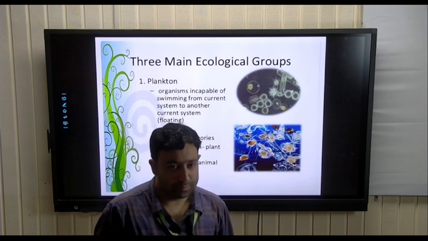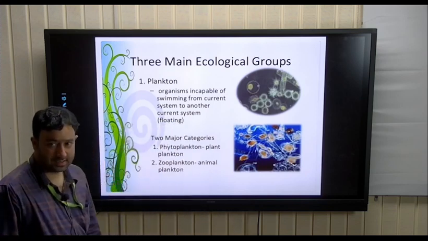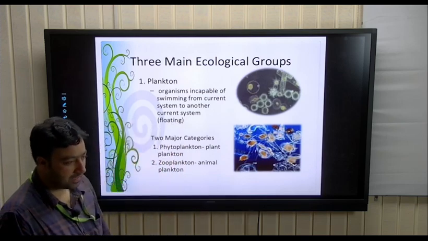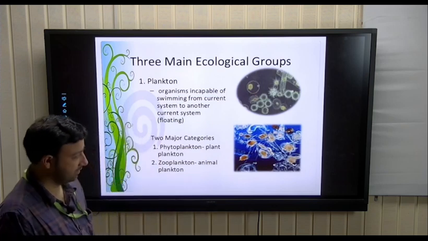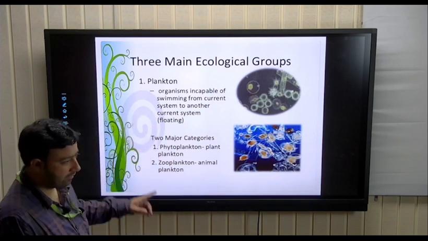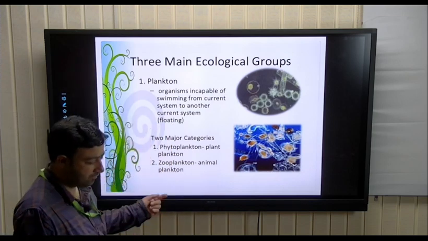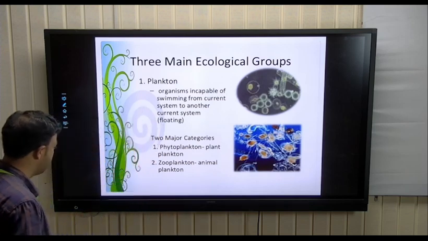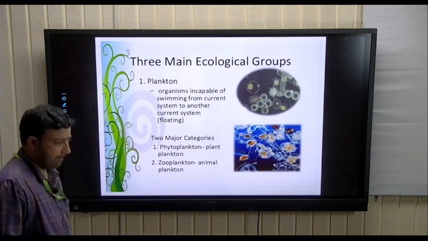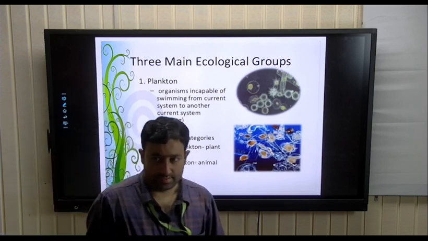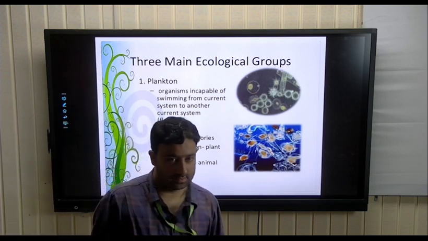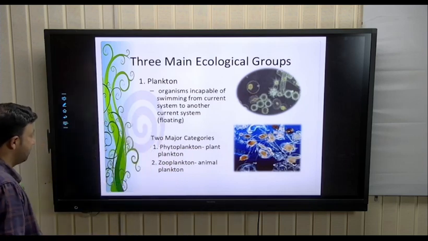Number one is phytoplankton. Phyto means plant, so phytoplankton means plant plankton. Number two is zooplankton. Zoo means animal plankton. They also cannot swim from one current system to another. They are also floating organisms.